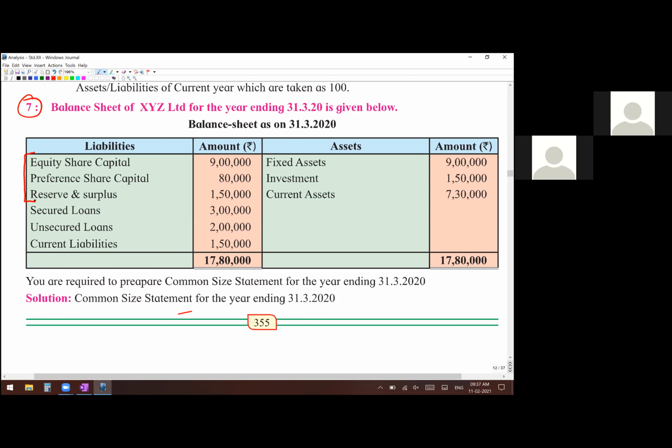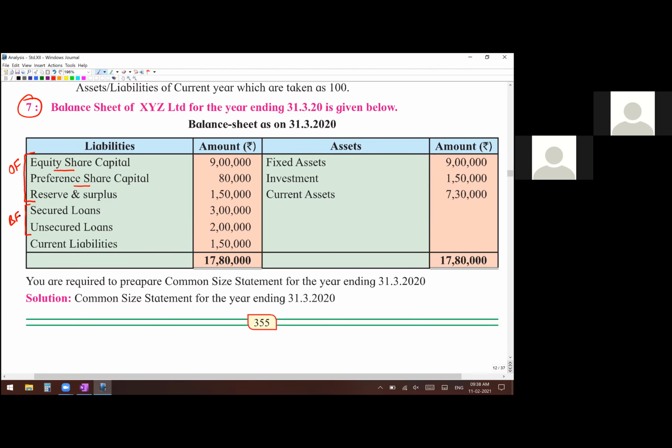But because this is a company, you see the word equity share and preference share, we will call it shareholders funds. So this will come under the owners funds category. Then secured loans, unsecured loans, these are borrowings. The moment you see the word loan means you have borrowed money. Both of these will come under borrowed funds, and that's it. Liability side is over. Sources of funds is only this much.